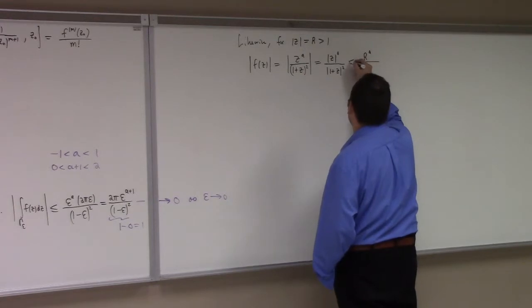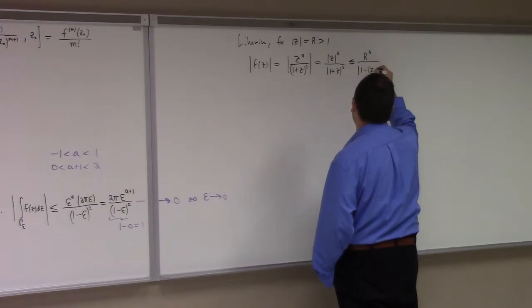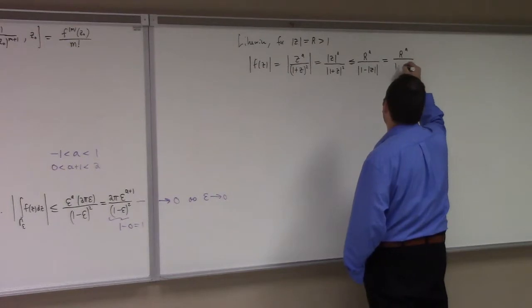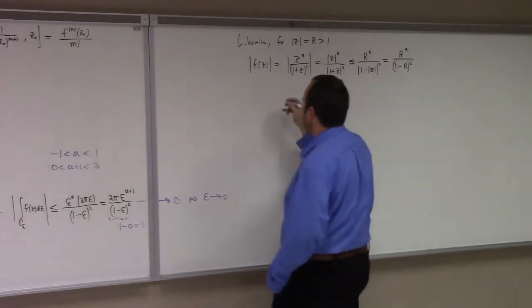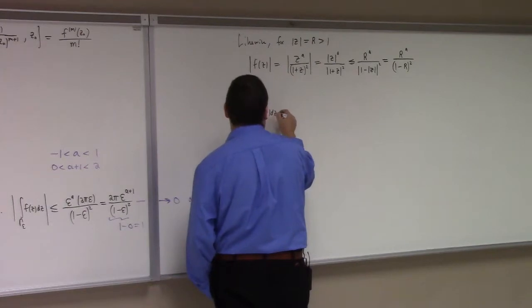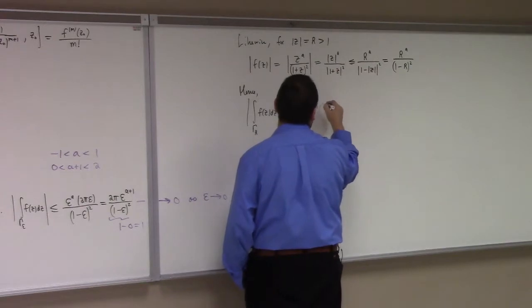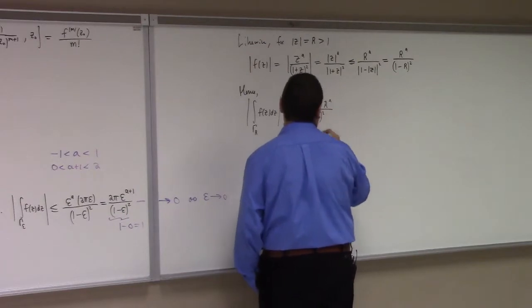And you put the inequality here, we're looking at 1 minus the modulus of z, right? Which is equal to r to the a over 1 minus r squared. Hence, the integral over the almost circle gamma r of f of z dz, modulus of that thing is less than or equal to 2 pi r times r to the a over 1 minus r squared, right?